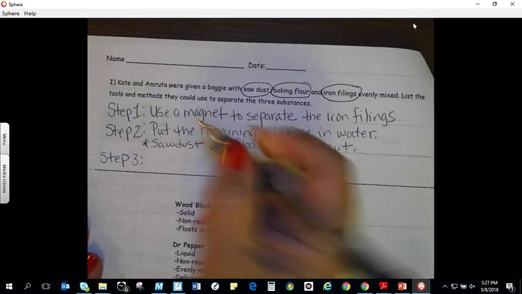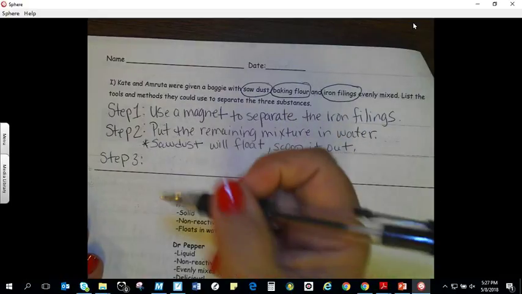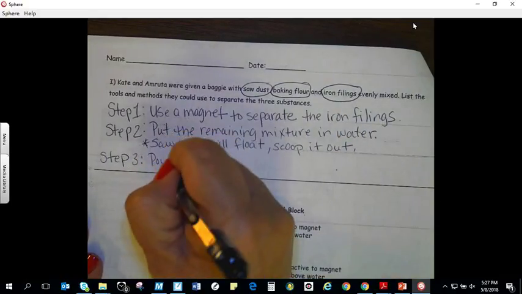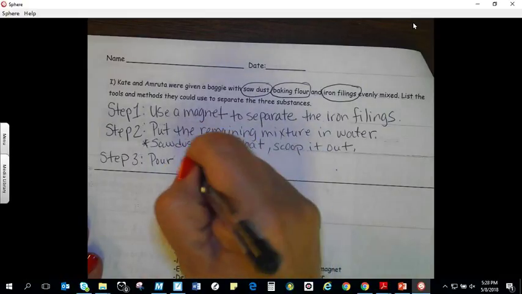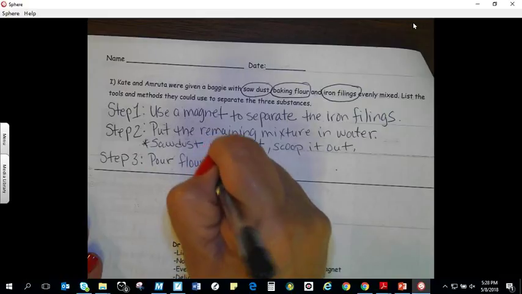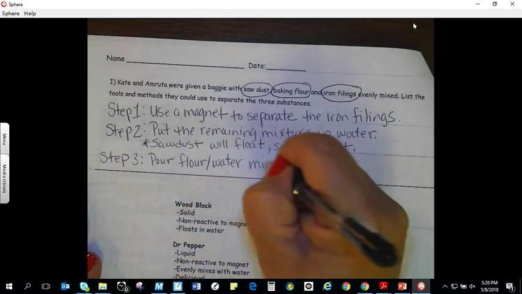So I can do one of two things. I can evaporate the water, or I can also pour the flour and water mixture through a coffee filter.